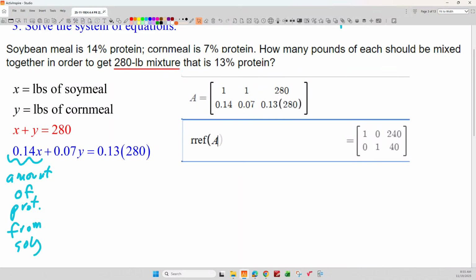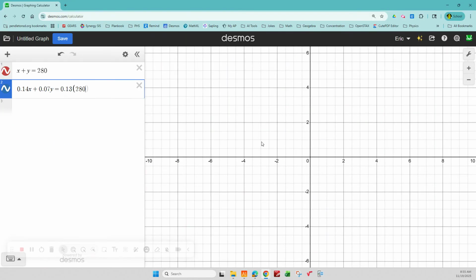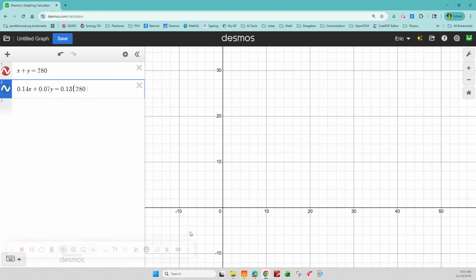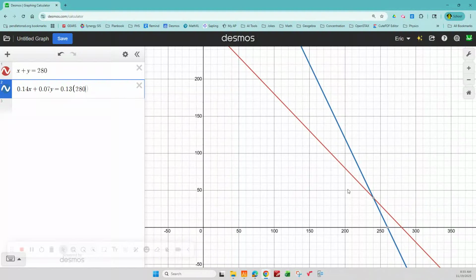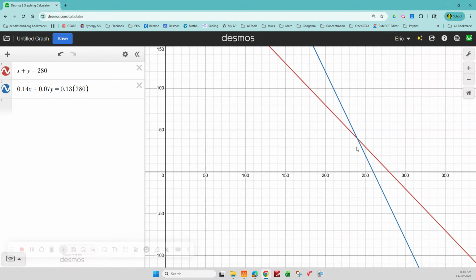There's the matrix way. Anybody use a graph? Sure, we could use a graph. If we use a graph, we've got to zoom out a bit, because we can't see anything, but we just have to zoom out until we can see an intersection. That's really all we need. And you notice when you click on the intersection, it gives you that little button that drops the intersection as a point into your list of things that you're graphing, which is kind of nice.